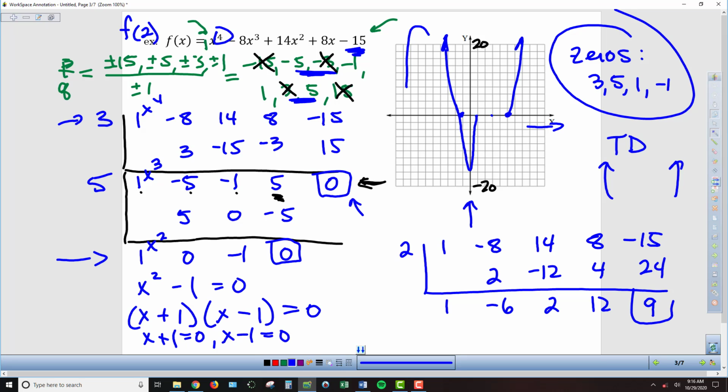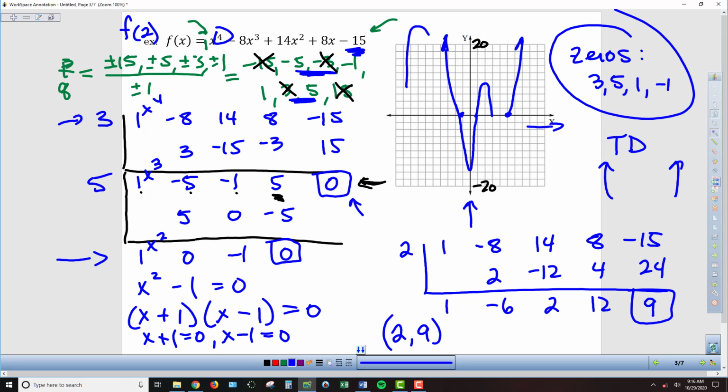So this is my remainder, and so therefore my graph goes through the point 2, 9. So I'm going to go over 2, up 9. Remember, we're counting by 2s, so that puts us right about there. So my graph tops out about here, comes back down again, and then I've got to figure out what that last spot's going to be.